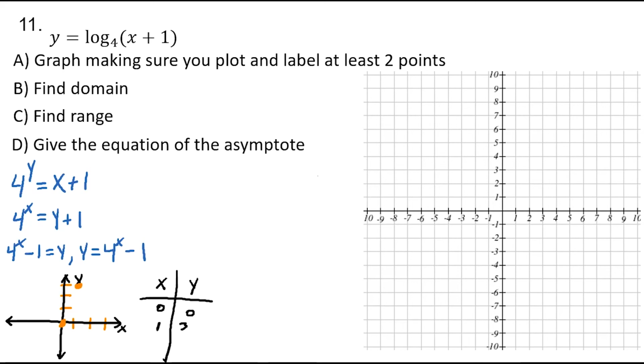So let me go in the other direction and pick negative 1. And this time I get a negative 0.75 for y. So that's here. Alright, so negative 1, negative 0.75, that's right around here.